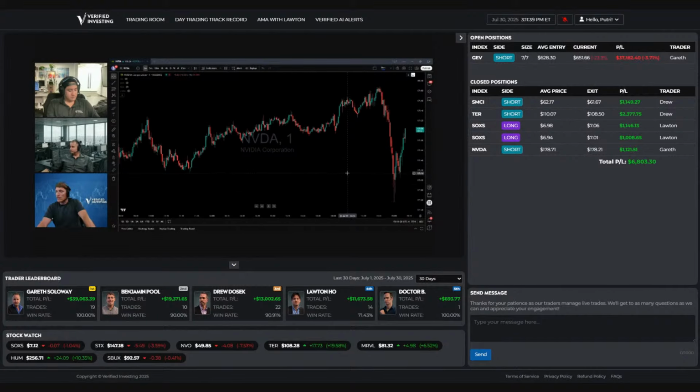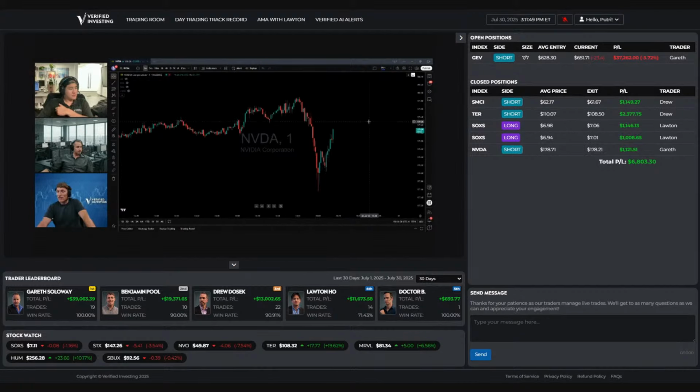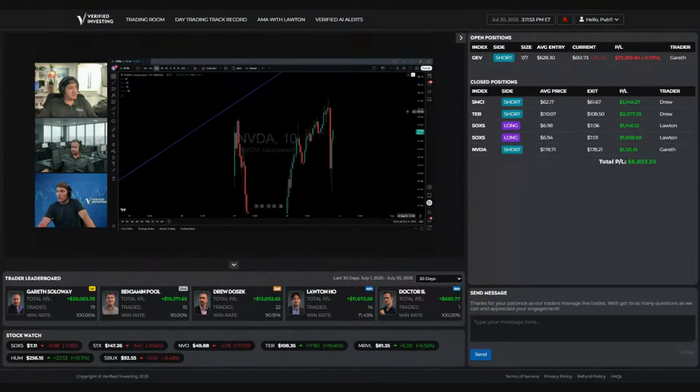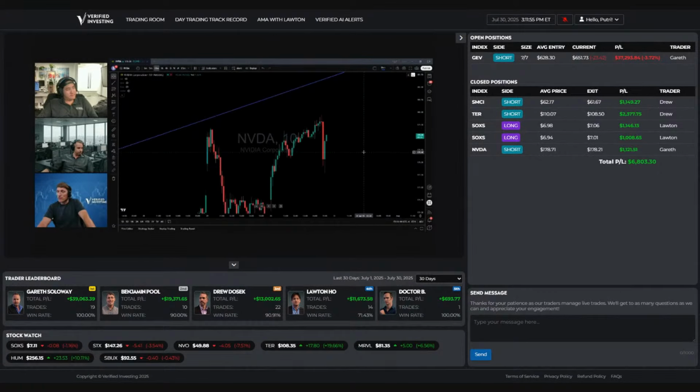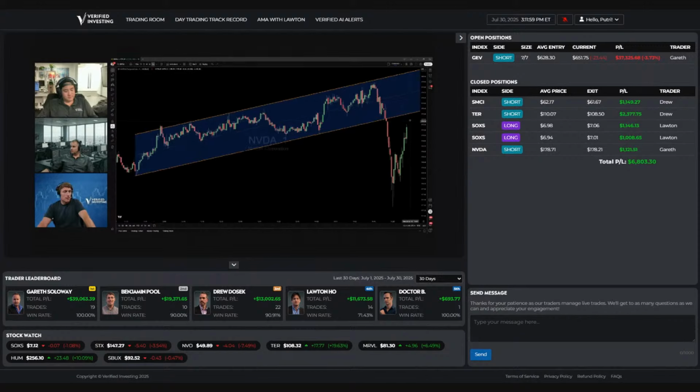Oh, okay. Guys, it is coming up here. All right, I'll play ball if it gets to 179.33. Oh, it's gonna get there. I hope so. My entry on SOX is 695. So this is the technical reason right here, guys. It would be a retrace to this trend line if it gets there.